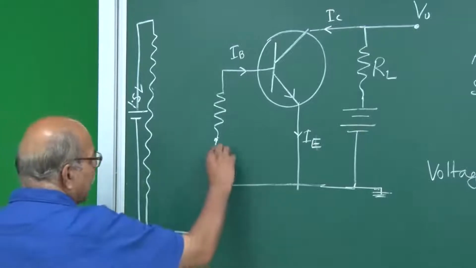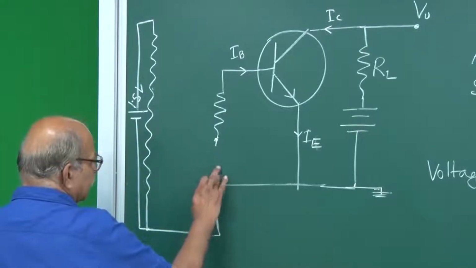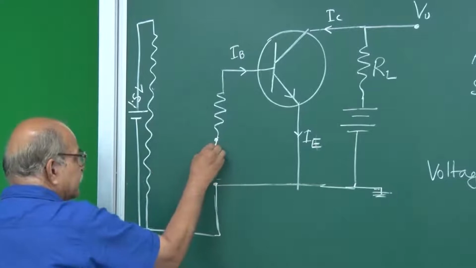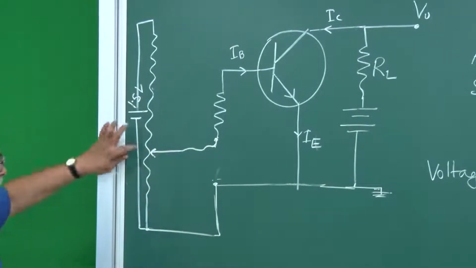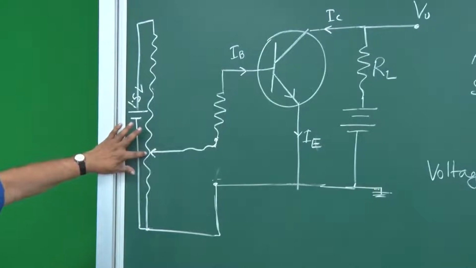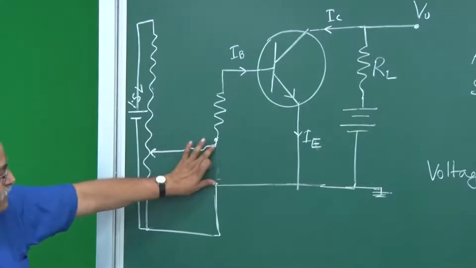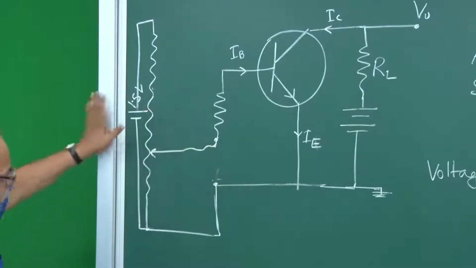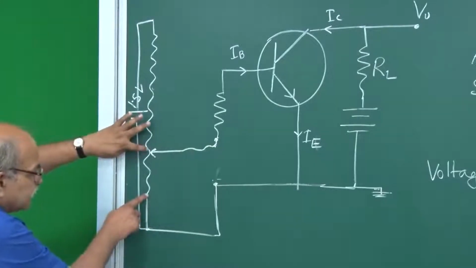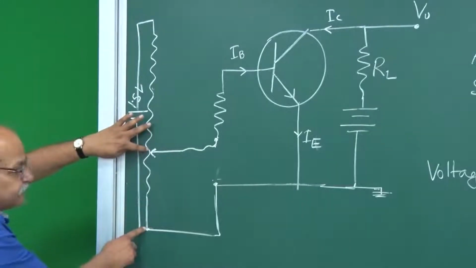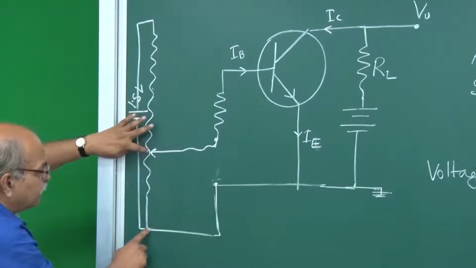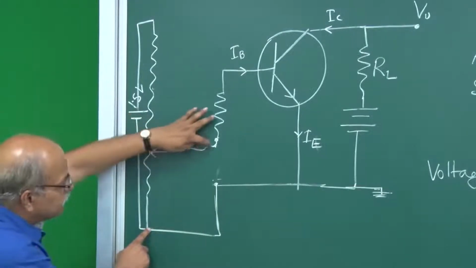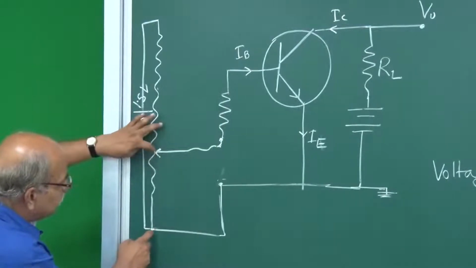Then the biasing will be given by taking a variable point and connecting it here. So what voltage am I applying here? I am applying the voltage which appears on this part of the resistance. This is 0, this is 0, and then this is at some VI, and that same VI is here. So this will be our VI.